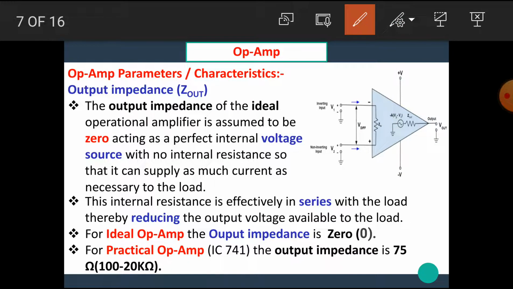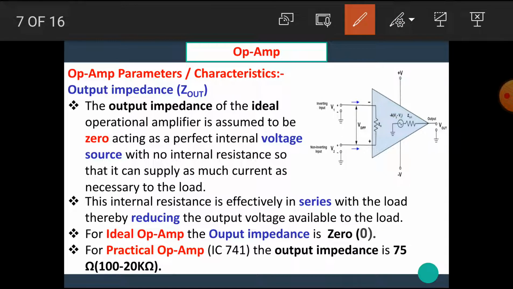That is, the value of output resistance or the output impedance Z out should be 0, because to supply more value of current to the load which is connected at the Vout pin.